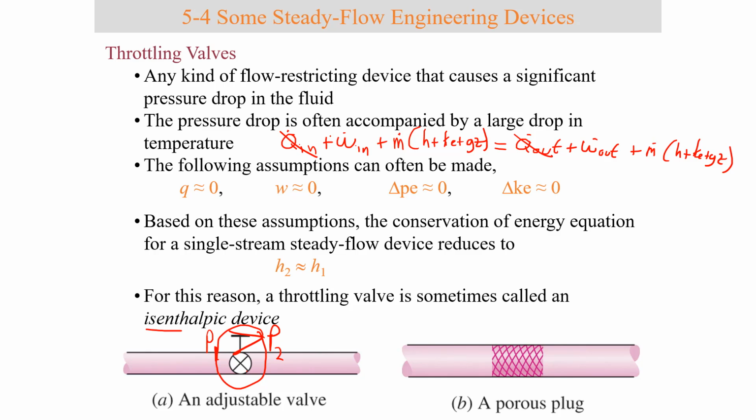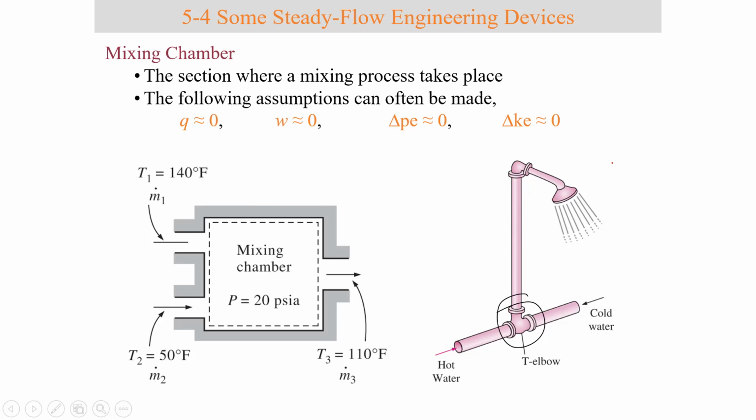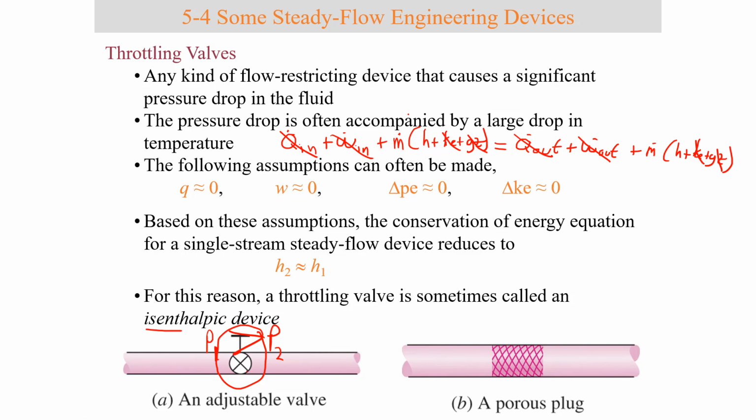This device is definitely not consuming or producing work, and I can assume the change in kinetic and potential energy to be pretty negligible. And if my heat and work terms go to zero for a single stream, my mass flows also cancel out, basically equating that the enthalpy in is equal to the enthalpy out, calling it an isenthalpic device, meaning that the enthalpy is constant in and out. Again, all based on a first law analysis.